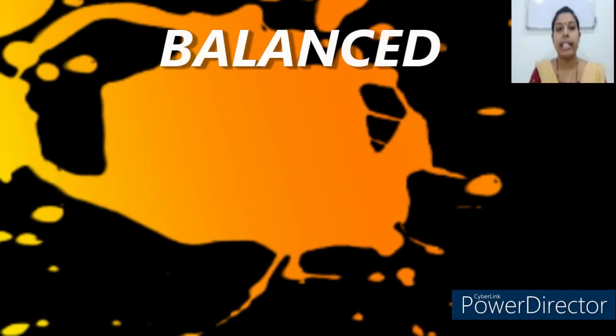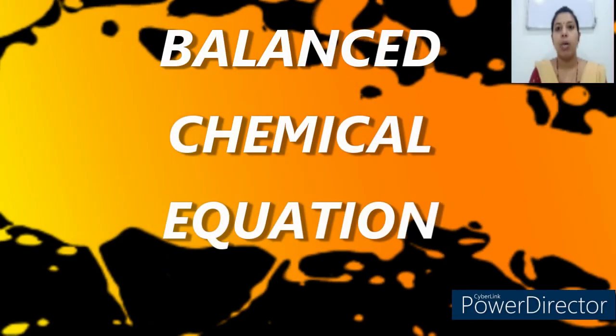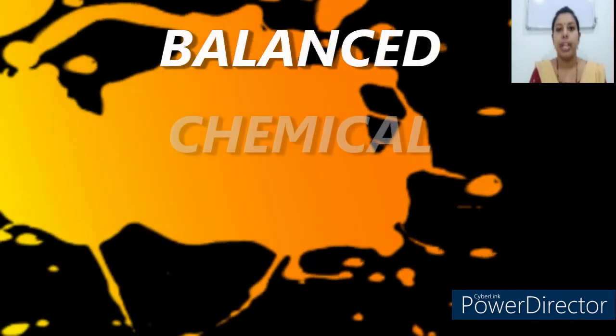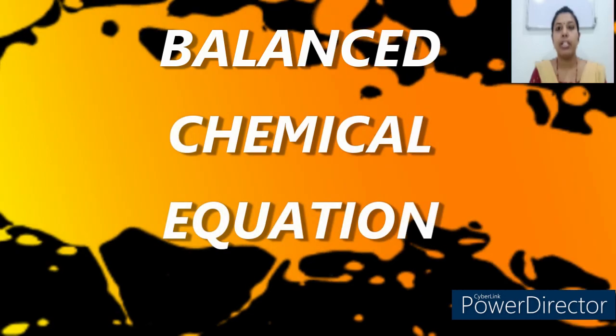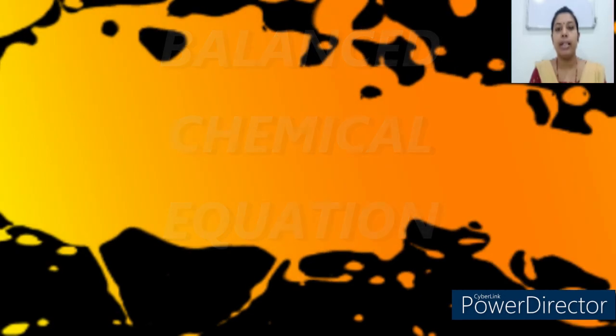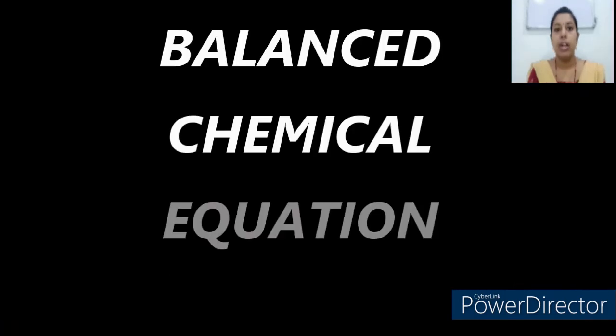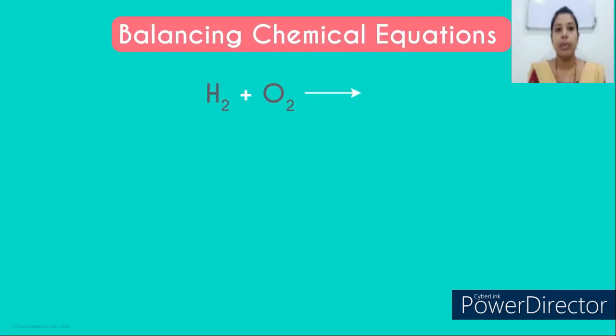The number of atoms of each element on the reactant side must be the same as that on the product side. An equation satisfying this rule is called a balanced chemical equation. Let's see an example.